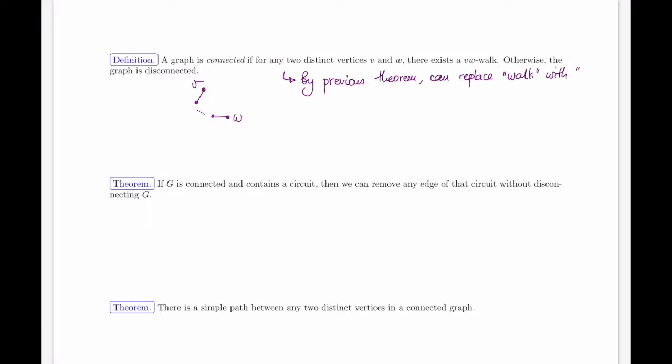And then this becomes a little bit more narrow, right? The graph is connected if for any two distinct vertices, I can get from one to another via a path, where a path, once again, means I have no repeated edges and no repeated vertices.